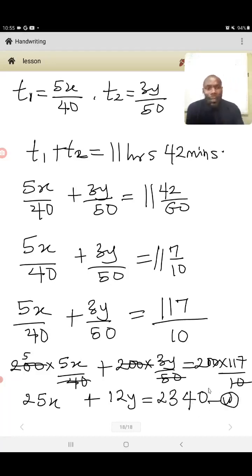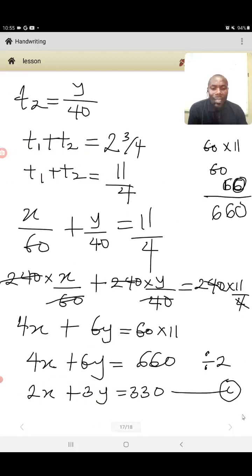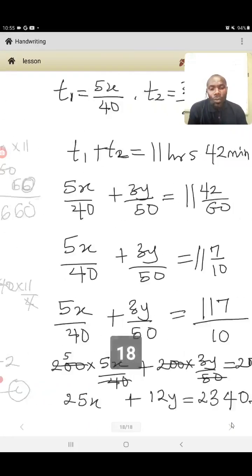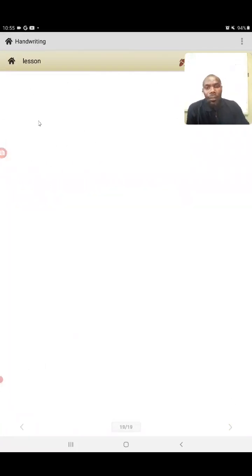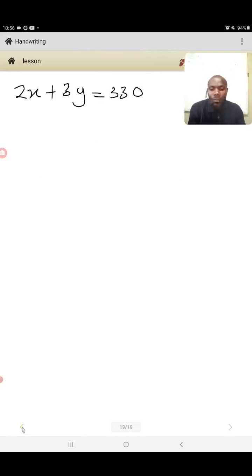So let's now combine the two equations together to have a meaningful solution. We have 2x plus 3y is equal to 330, because that one is 660. That is the first equation.